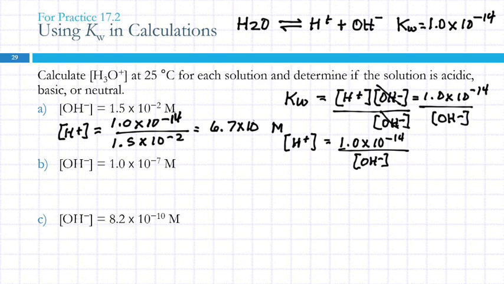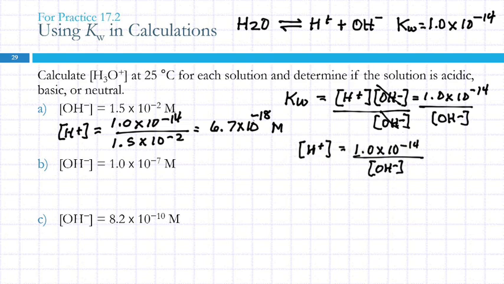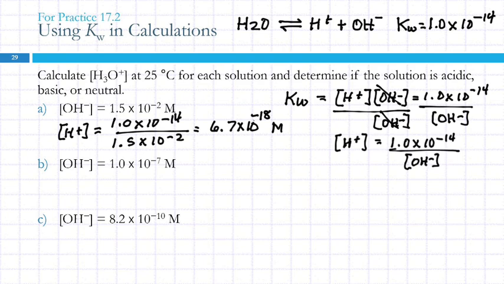Now I did 11. I'm just going to start over. 1 times 10 to the minus 14 divided by 1.5 times 10 to the minus 2. It's still 6.7, but now it's 10 to the minus 13. You okay with that?